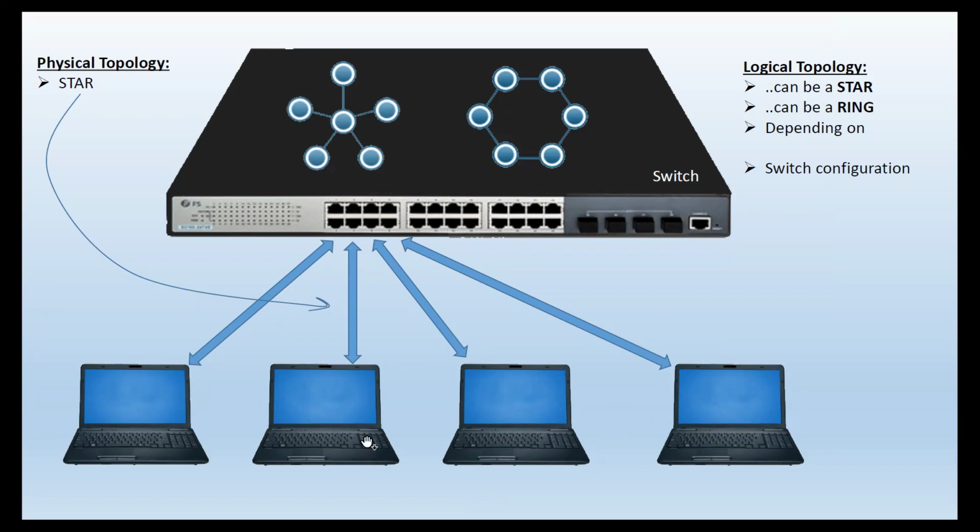But if you have the physical star topology here, and the programming of the switch inside routes the system in the ring configuration, then it could be a physical star and logical ring configuration. Again, you're not going to encounter any of those challenges, but it helps you understand things better.